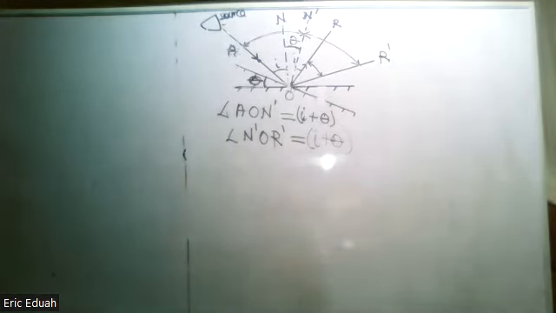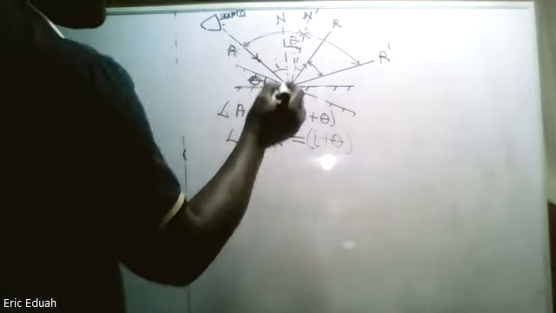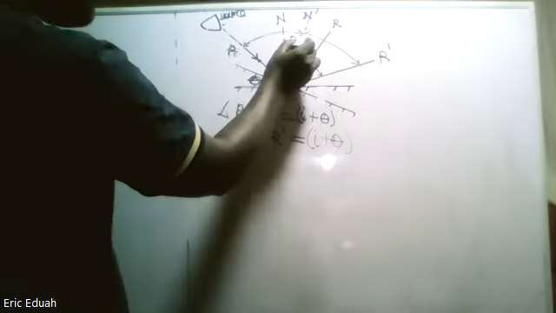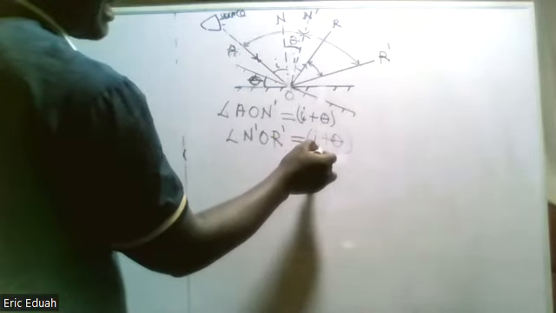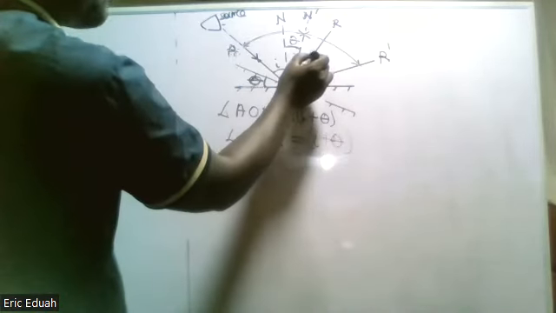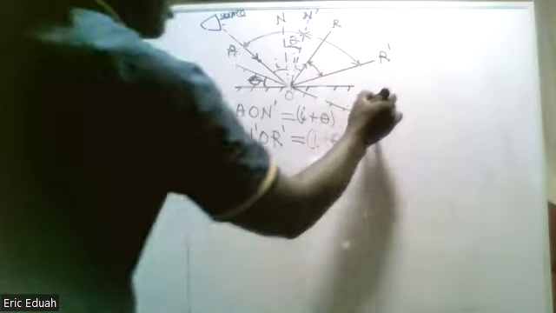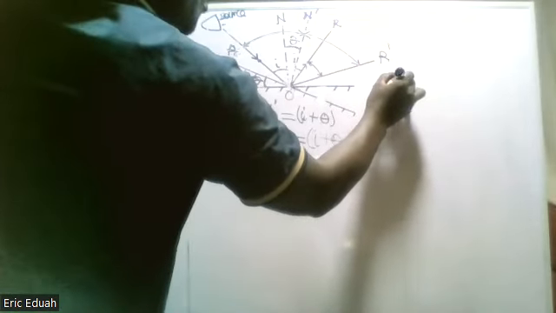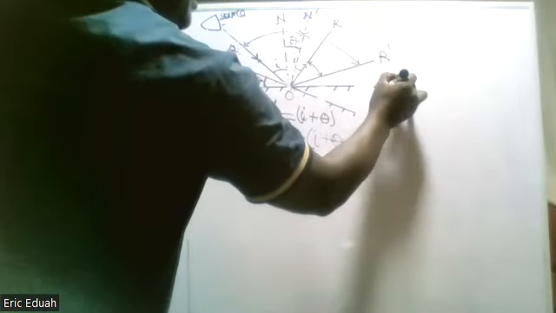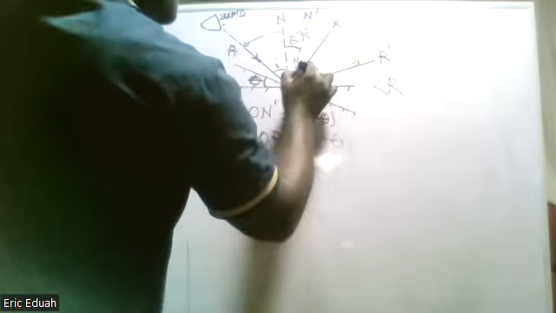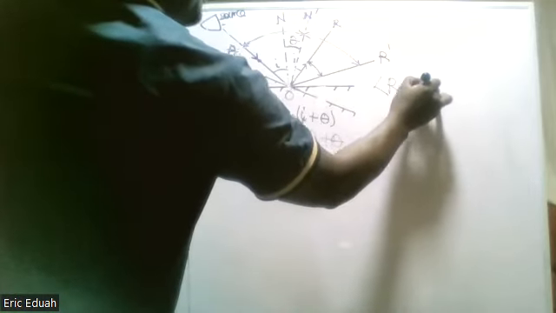Okay, all right. So now we have that this whole angle would be I plus theta. We are looking for this small angle R O R prime.